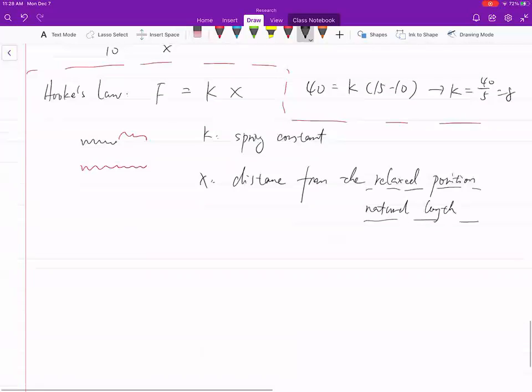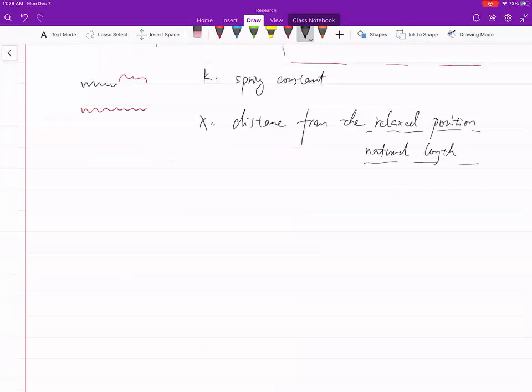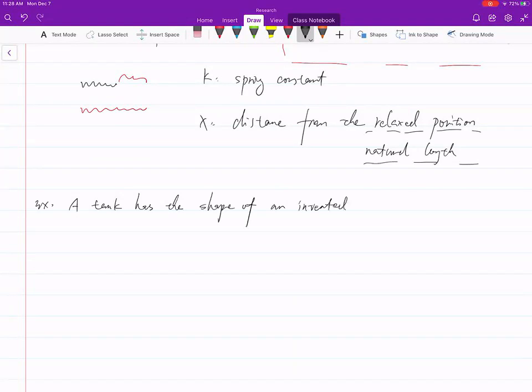All right. Let's try another one. This time we have a tank. A tank has the shape of an inverted cone with height 10 and radius 4 meters.